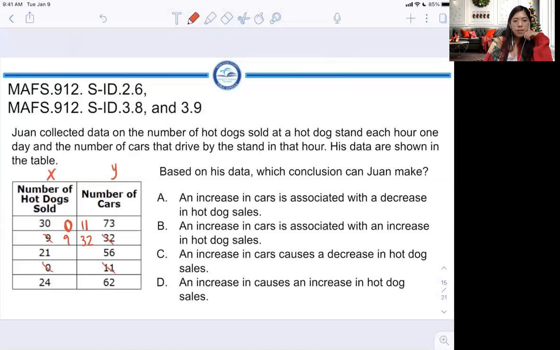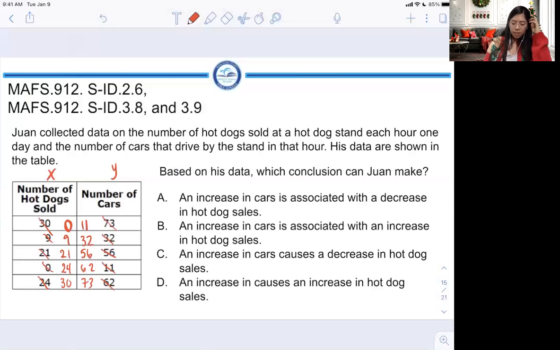After that, 21 and 56. Okay, so that's already good. And then, good, 24, 62. And then finally 30 and 73. Okay, so now we're going to ignore the ones on the outside and just focus on the ones that I put in the middle.